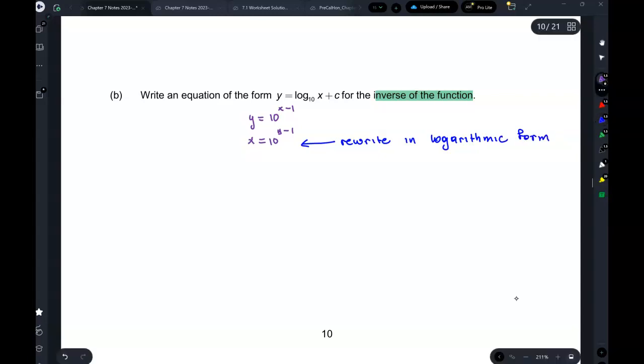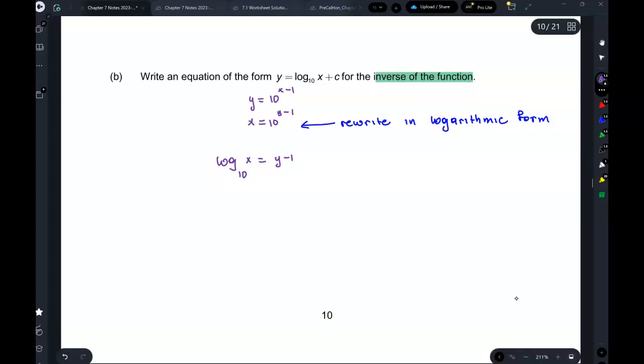So log base what? What's the base here? 10 of x equals the exponent. Do you see how I orient myself? The answer to a logarithm is always the exponent. So I save the exponent for the answer, log base, and then this is the one that I haven't even touched yet. Okay, now what are we going to do?